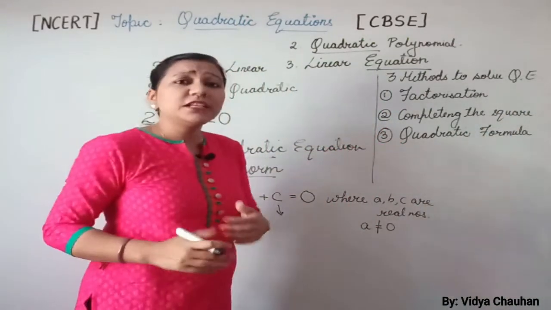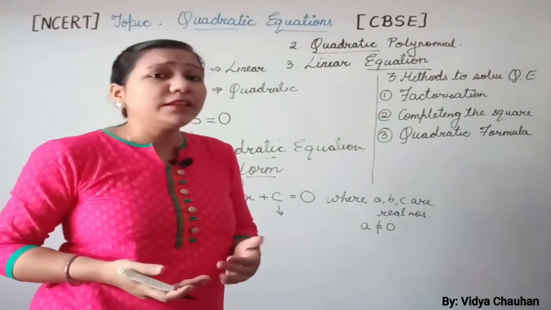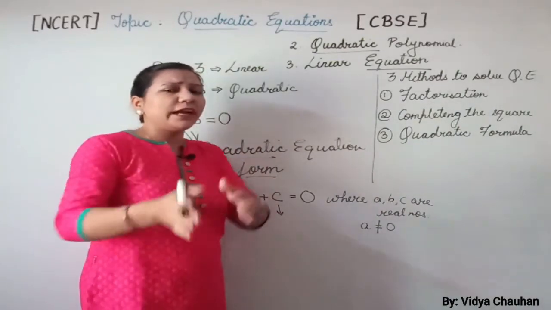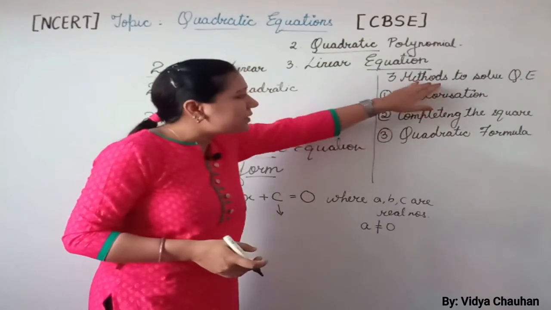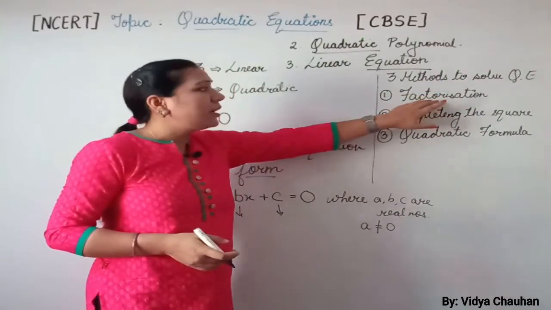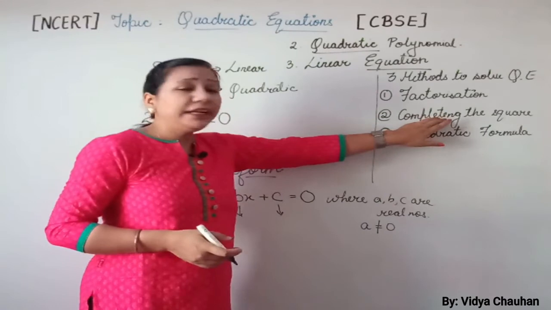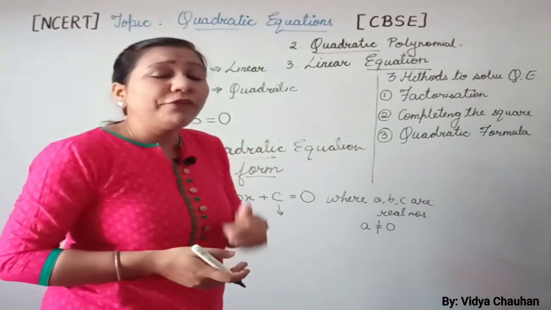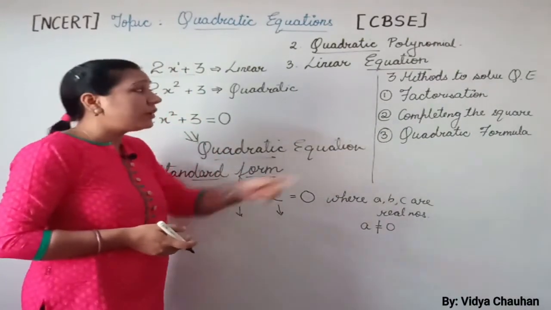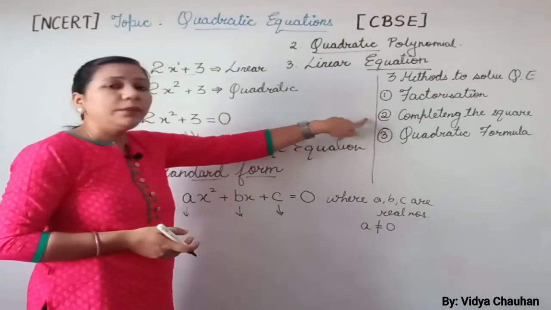Apart from this, there is one more method, the graphical method, but that is not in your course at this level, class 10th. So in this chapter we will be studying these three methods: factorization method, completing the square method, and quadratic formula method. To solve any type of quadratic equation, we use these three methods.